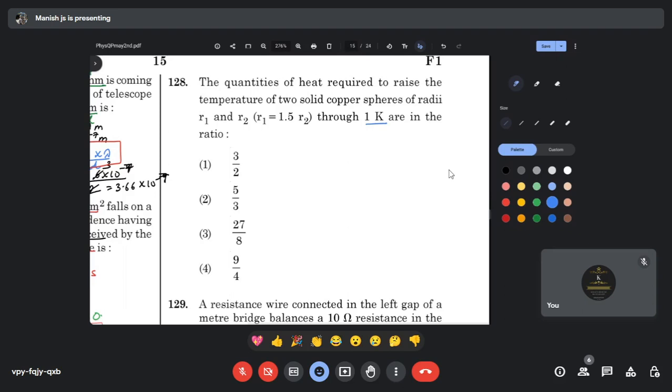The formula for specific heat capacity is what we are going to make use of. Now specific heat capacity is going to be the same for both of them because they are two identical solid copper spheres of radius R1 and R2. Fine. So we are going to find out the ratio of both of them. That's what they're asking us.